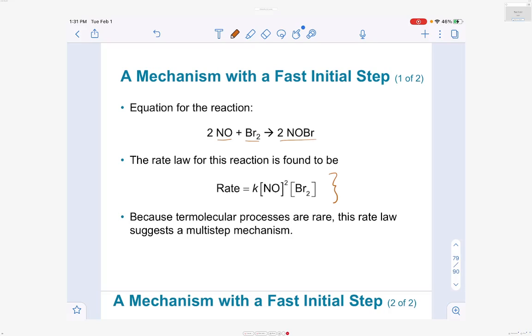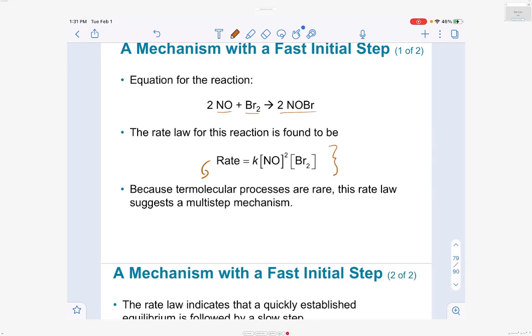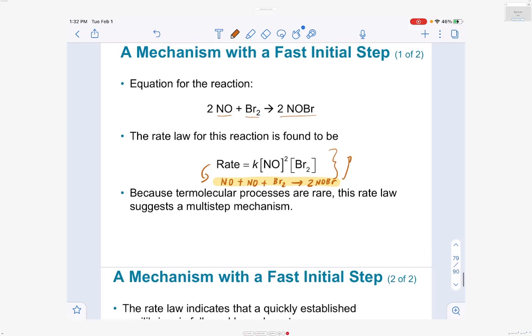According to this rate law, one possibility is that the reaction occurs in a single termolecular step. We can propose this termolecular reaction according to this rate law. However, as I mentioned before, termolecular processes are rare, so this is unlikely to occur.